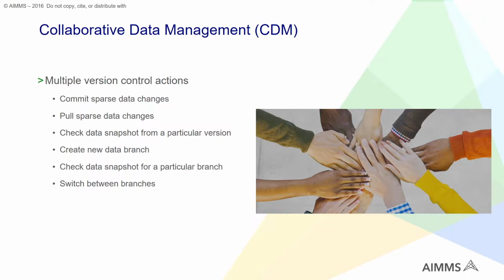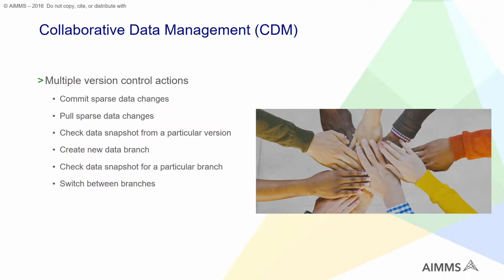Also, we want to be able to create different branches from our data set. So let's say, for example, two people on the team want to explore different scenarios or different periods in planning. Then they can create a new branch from the data set and work on that data without having to affect the main data branch or main data set.